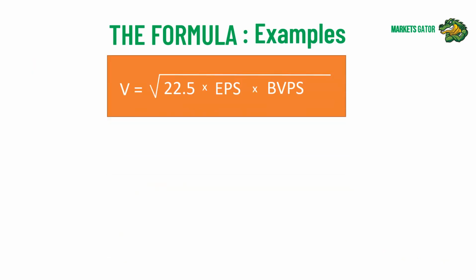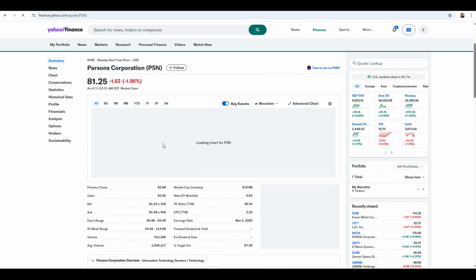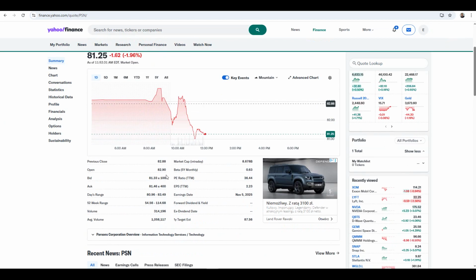Before moving to strategy, let's take several stocks and calculate their Graham numbers. The stocks I chose this time are Parsons Corporation, Nvidia, AT&T, and ExxonMobil. As usual, I strongly encourage you to do the same exercise yourself, choose the stocks you like and do your own research. To get the data like EPS and book value per share, let's open the Yahoo Finance website and go to the page with the company's details.